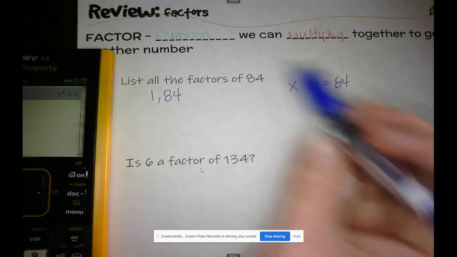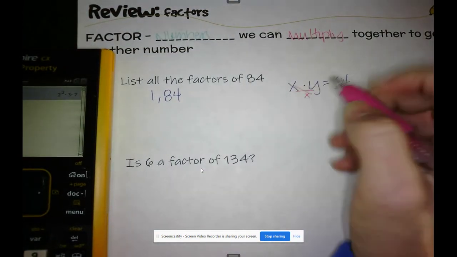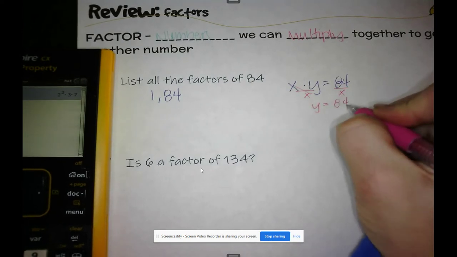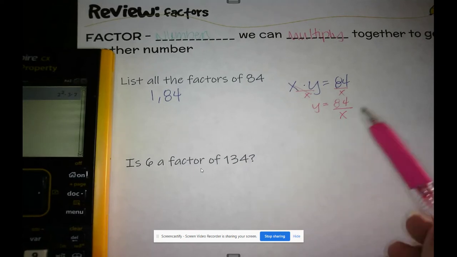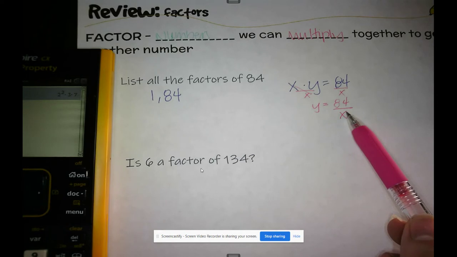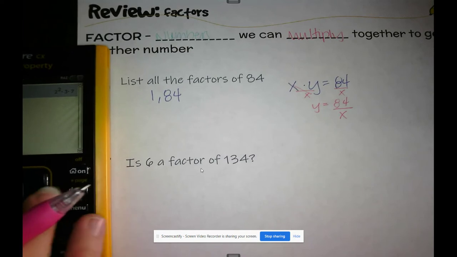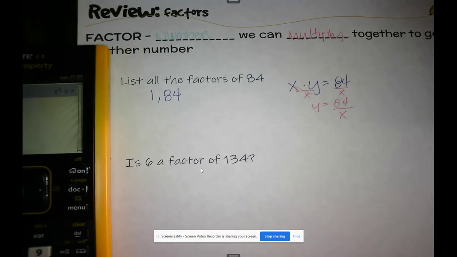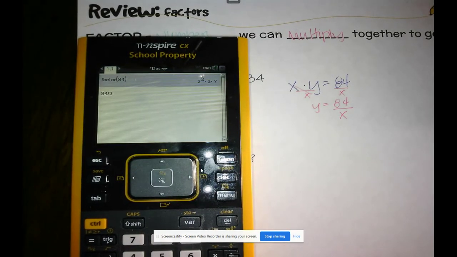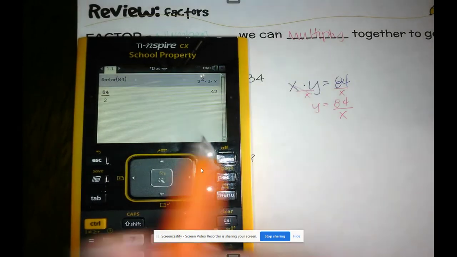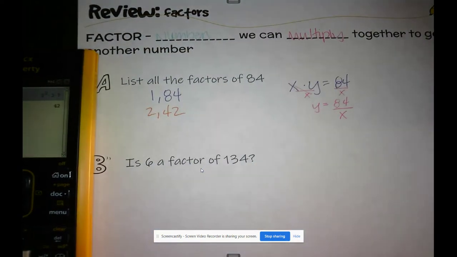The opposite of multiplication is division, so I can divide 84 by x. Remember, our factors are going to give us only whole numbers. So let's start with 2. 84 divided by 2 is 42, which means that 2 and 42 are factors of 84.